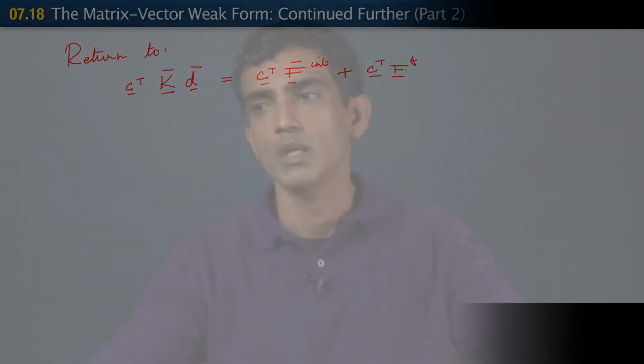All right. On the previous slide, we looked at how we use our mesh connectivity information to construct these global matrices K bar and global vectors F bar internal and Fj.